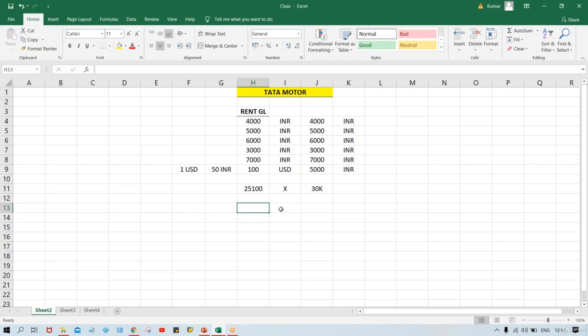Here I'm quoting an example in terms of Indian currency, but you keep your own currency in your mind and consider this example, so that you will be able to understand clearly.